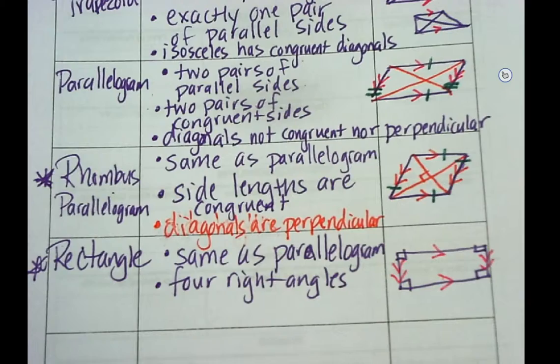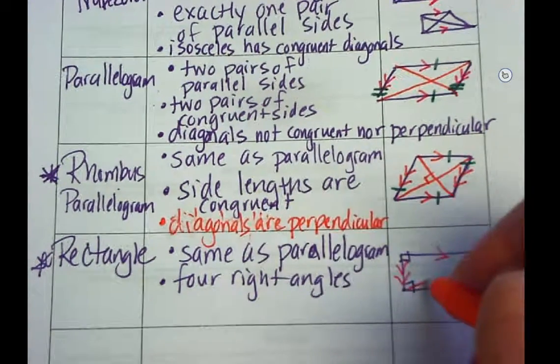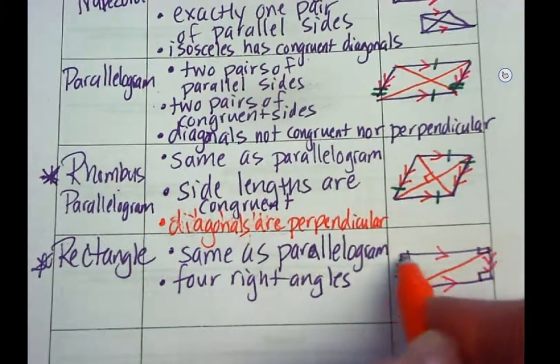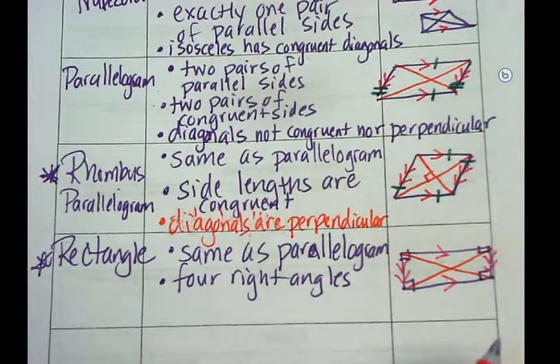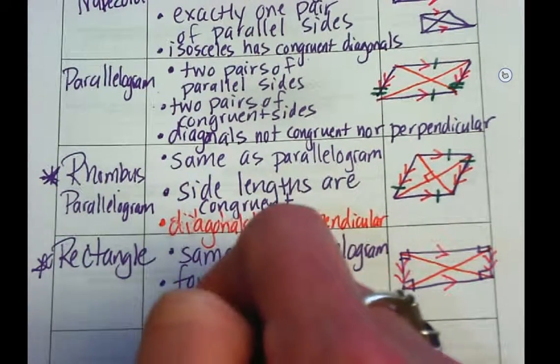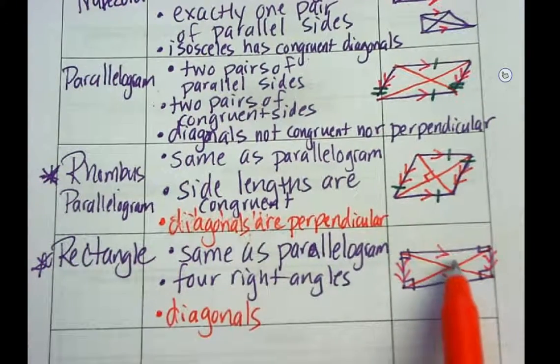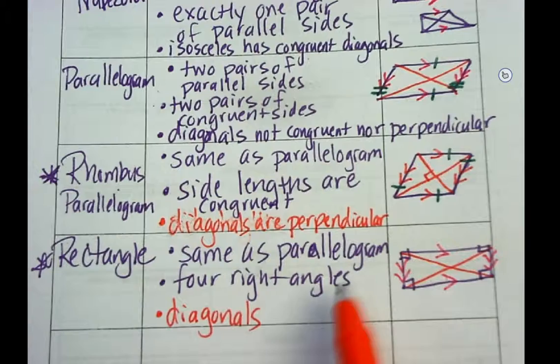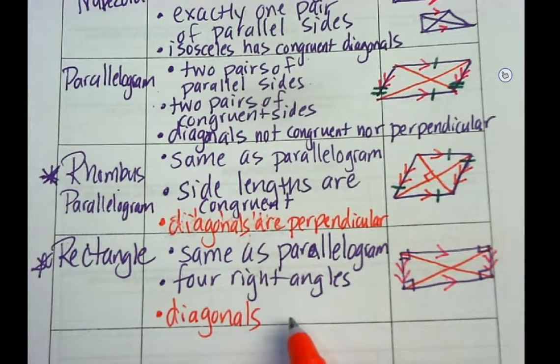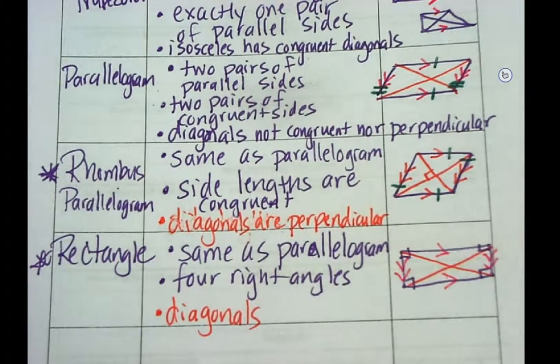The last thing to note about a rectangle is our diagonals. Are they perpendicular? No. Look at your paper, guys. Look at your Venn diagram. That's why we did that first. Is your rectangle in the section that has perpendicular diagonals?